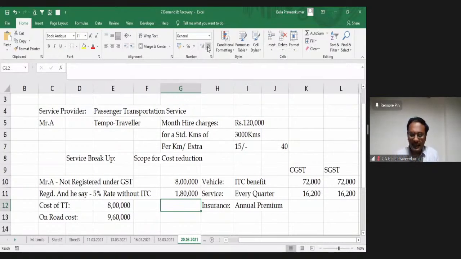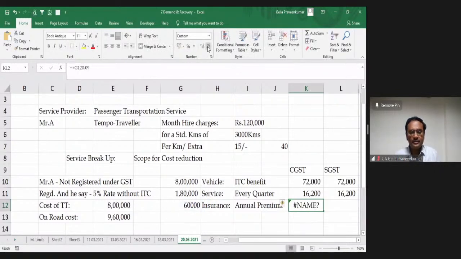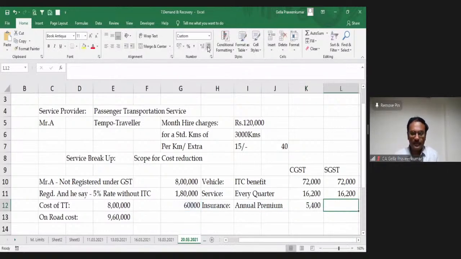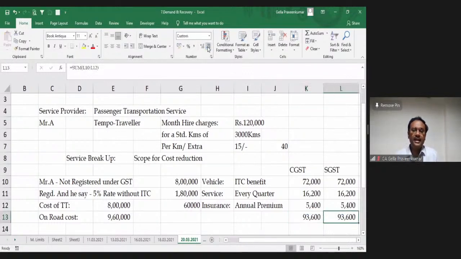So let us say 60,000 is going to be the premium cost per vehicle. Now on 60,000, 18% is the GST. Now, this is my cost of GST which is incurred per year.